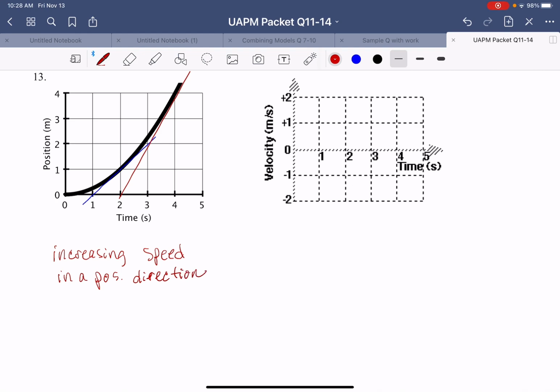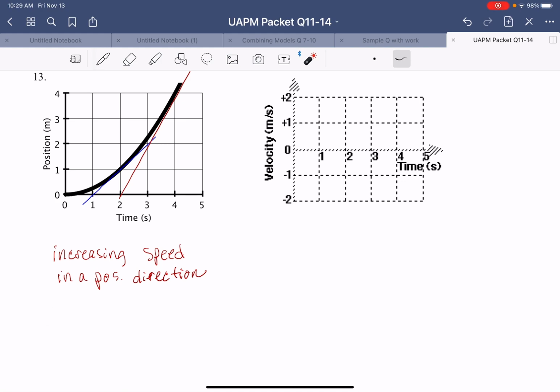So there's lots of different ways to find the velocity time graph for this. What I did was I drew a line. See my blue line there? My blue line, this right here, is tangent to the curve at 2 seconds. So I can find the slope at 2 seconds.